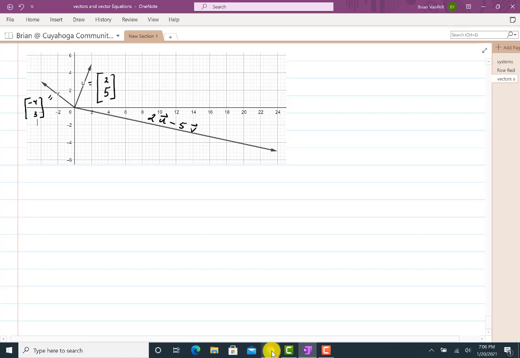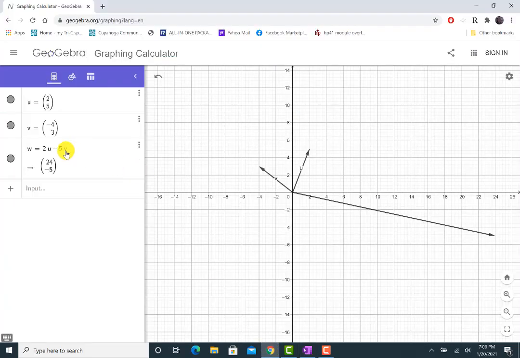Let's try another one. Let me get rid of this. Let's do negative 0.1u plus 3.2v. Enter. And there we go.